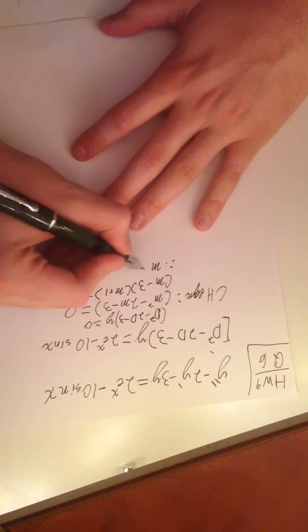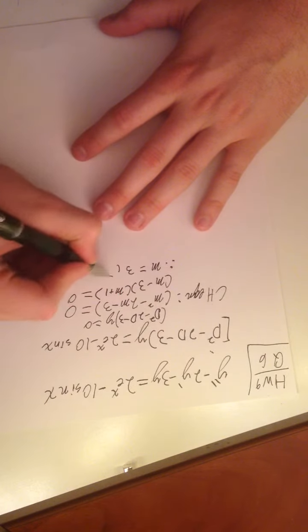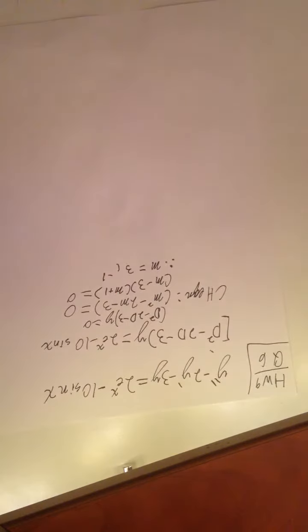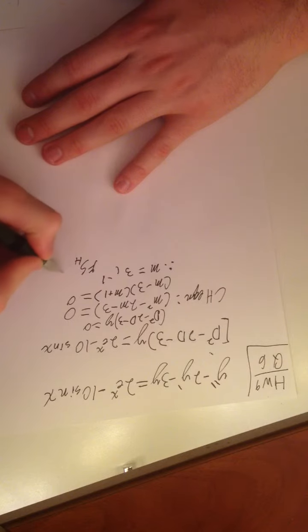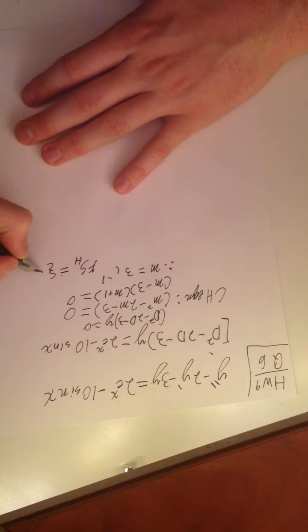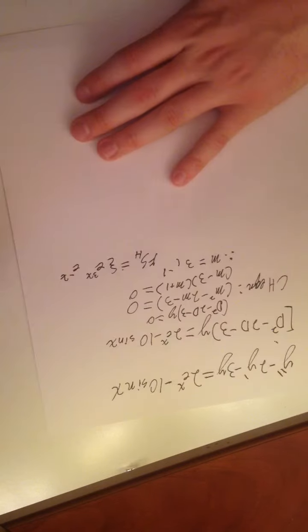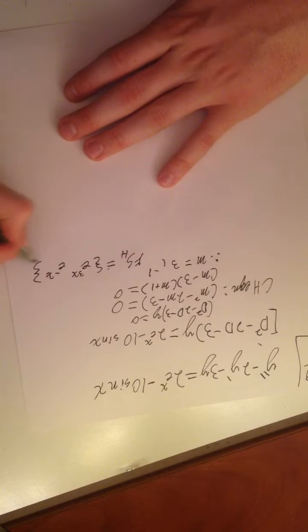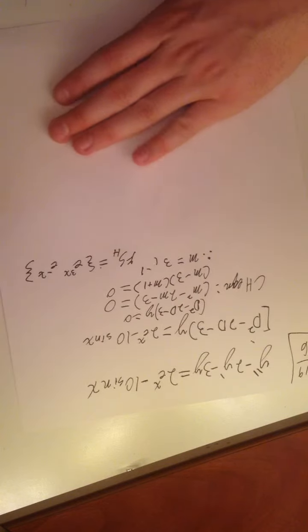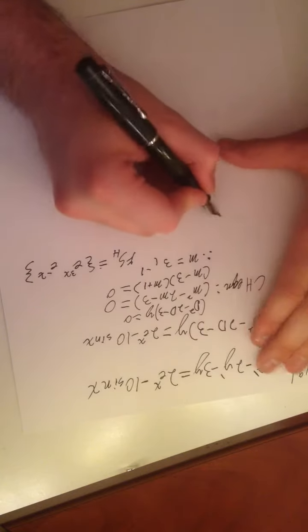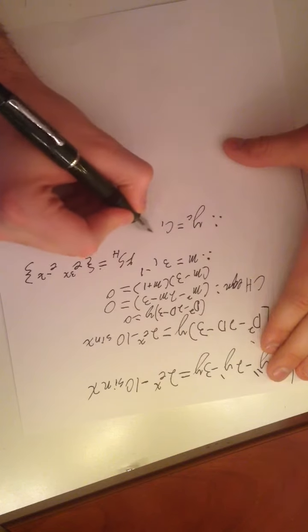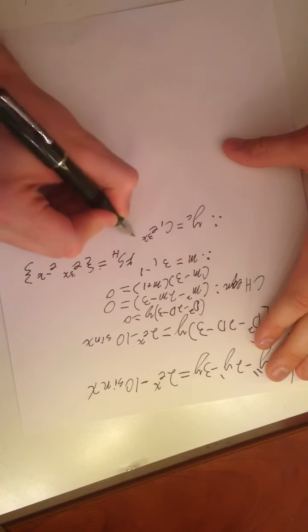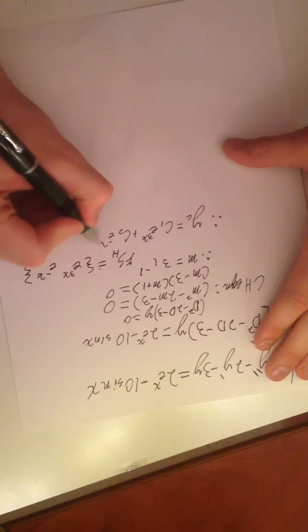Therefore, our m values are 3 and negative 1. The fundamental solution of the homogeneous version is e to the 3x and e to the negative x. Therefore, our yc is equal to c1 e to the 3x plus c2 e to the negative x.